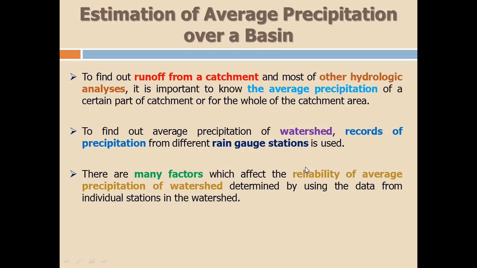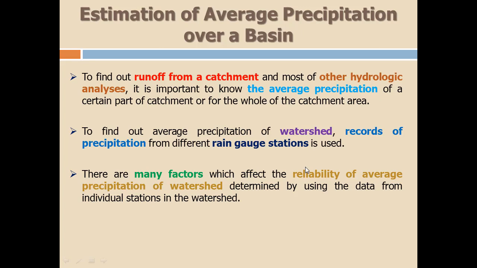Okay, so estimation of average precipitation over a basin. Whenever there is a precipitation, or you can say rainfall, over an area, it is always not uniform over the whole area. In some areas the precipitation is more and in some areas it is less, depending upon the different parameters and aspects of the area as well as the weather.